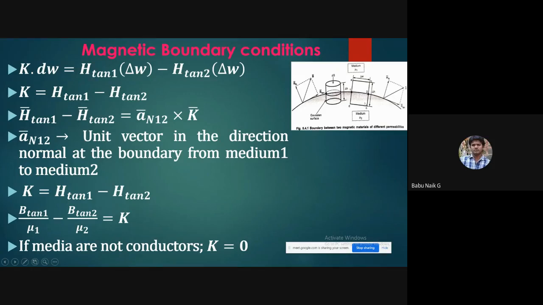For this I have divided A to D, taking point 1 on the boundary, and similarly B to C, I have taken point 2. So the closed line integral of H bar dot dl is to be applied A to B, then B to 2, then 2 to C, C to D, D to 1, and 1 to A. Are you able to understand this without the equation? I'm just explaining here.